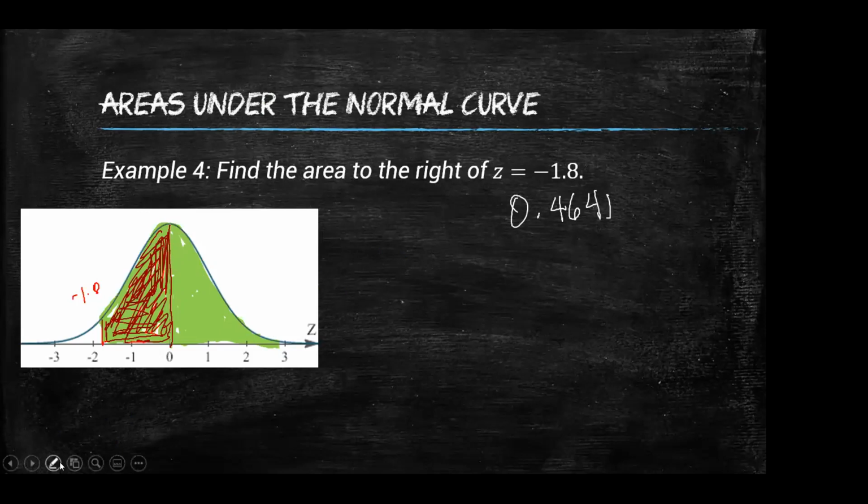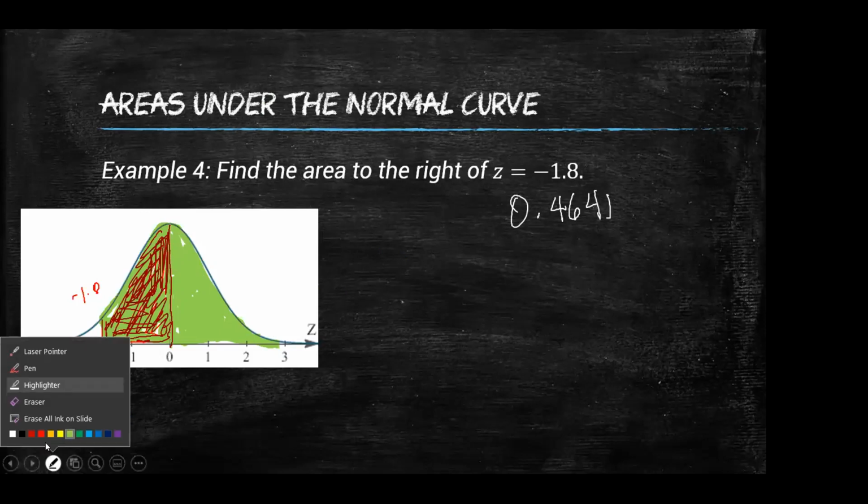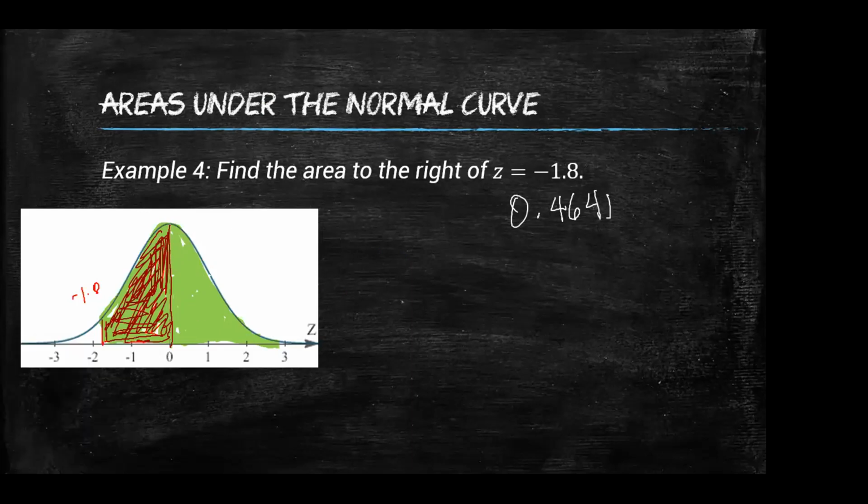Bakit 0.5? Kasi kalahati, di ba? Kalahati siya ng ating normal distribution or ng normal curve. So 0.5. Ngayon, class, paano natin kukunin yung buong area to the right of negative 1.8? Addition po. Okay, very good.